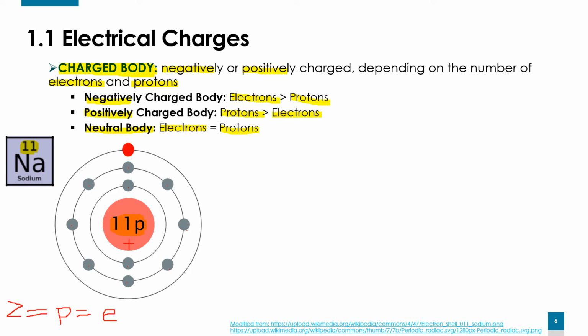I put it in red just to emphasize that this is the valence electron. So in this case, I have 11 protons and 11 electrons. Where do I get this information? From the periodic table. So this is a neutral atom of sodium.